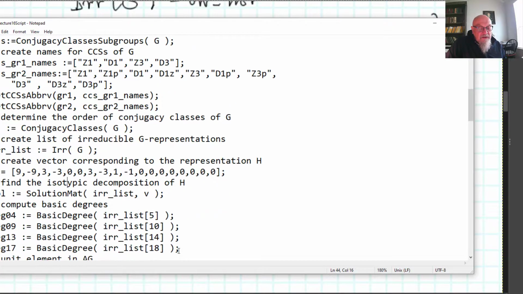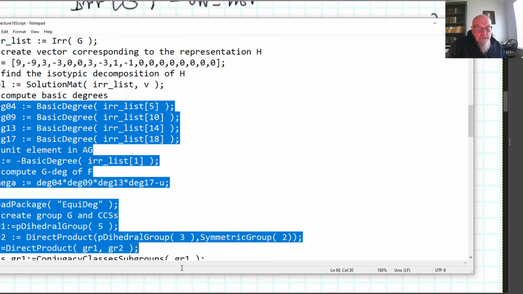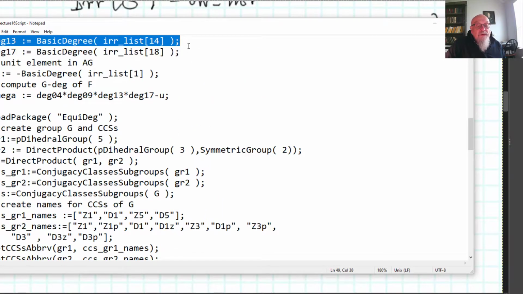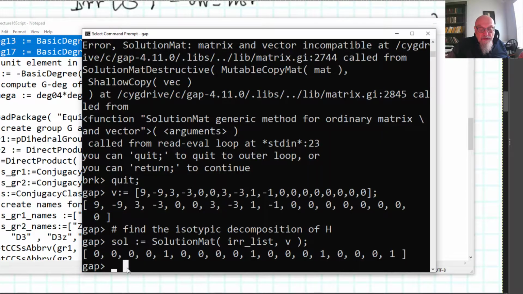So let's compute the basic degrees and maybe look at what's happening here. I will just compute a couple of these basic degrees, and you can actually multiply them as well. So let's copy, let's paste.